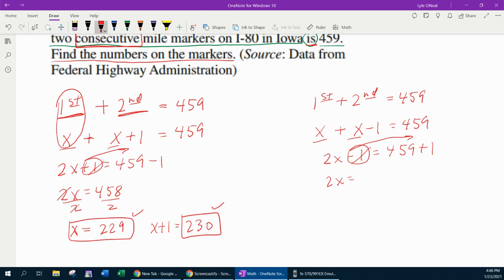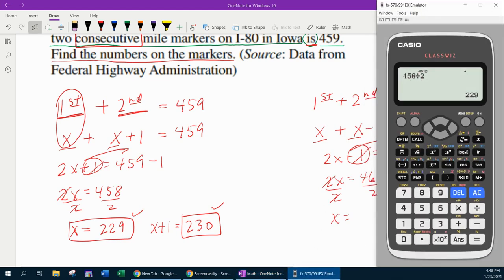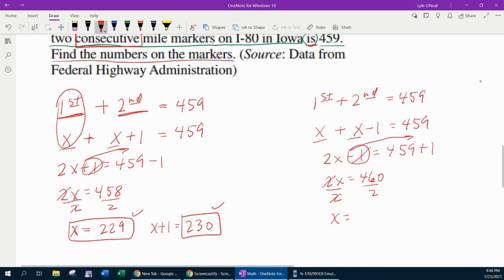That's going to be 460. And then if I divide both sides by 2, what is 460 divided by 2? 230. So here the first one would be 230.